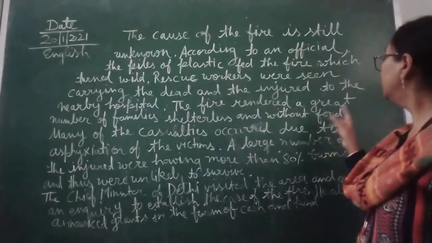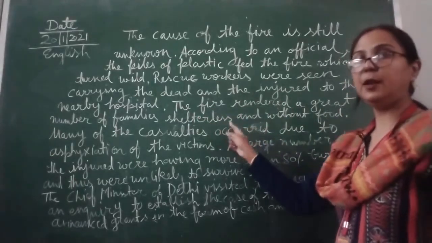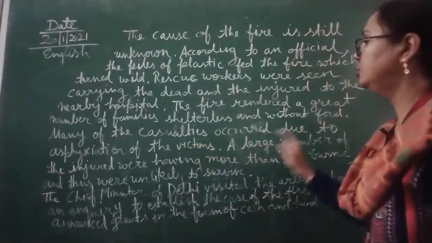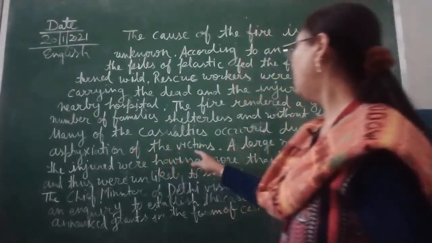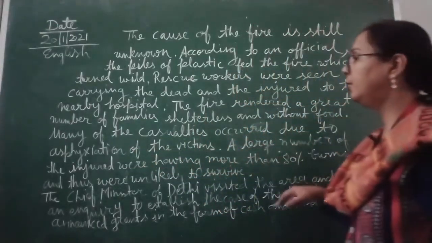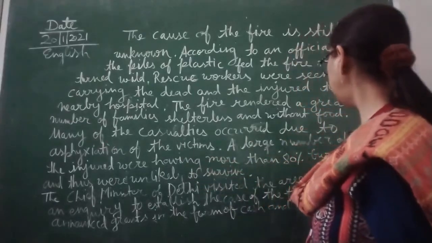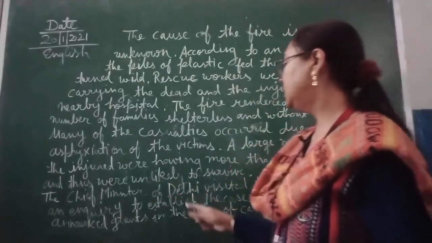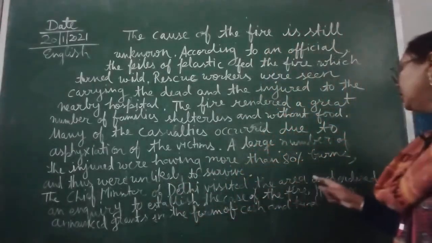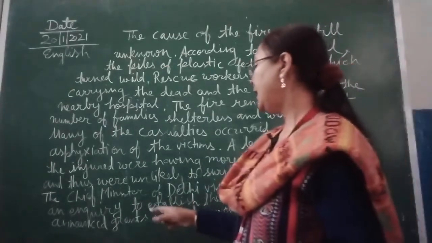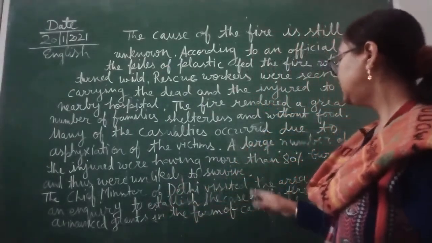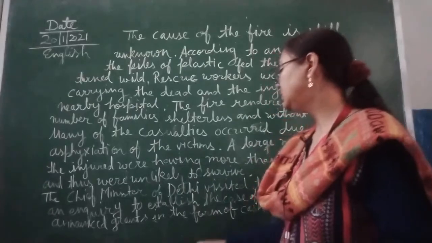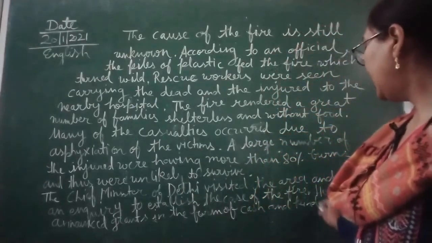The fire rendered a great number of families shelterless and without food. Many of the casualties occurred due to asphyxiation of the victims. A large number of the injured were having more than 80% burn and thus were unlikely to survive. The Chief Minister of Delhi visited the area and ordered an inquiry to establish the cause of the fire. He also announced grants in the form of cash and kind.